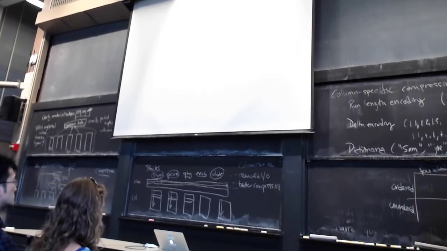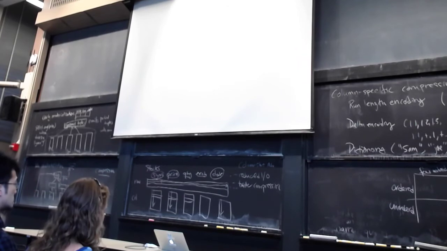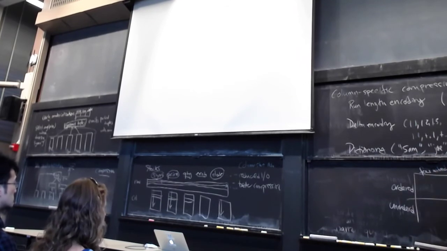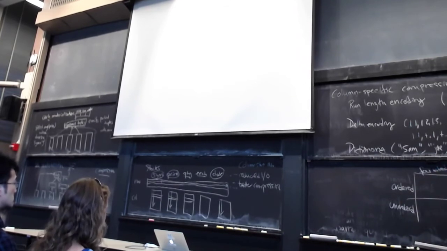Few valued would be genders or states. Many valued would be prices or stock quote values or other things like that. So if I have data that's stored in order and it's few valued, so it's sorted and only has a few values, which of these encoding schemes should I use?